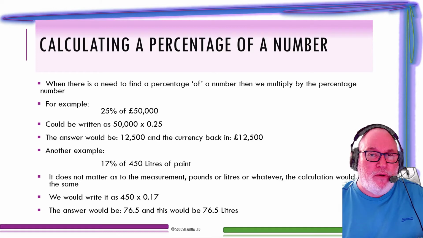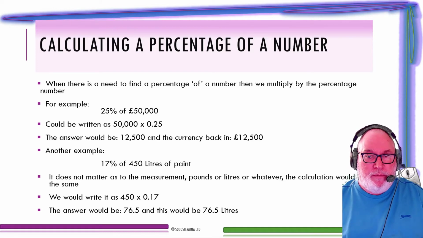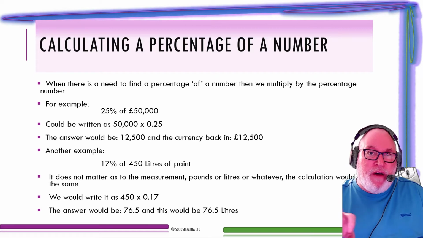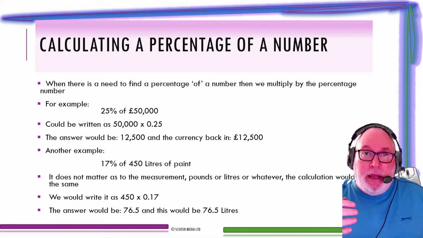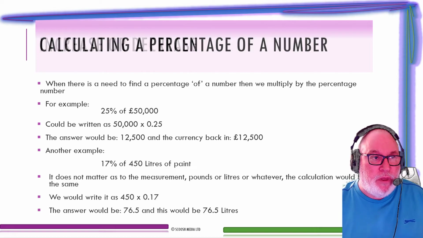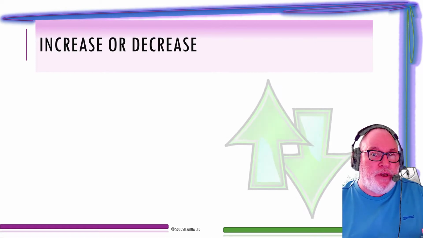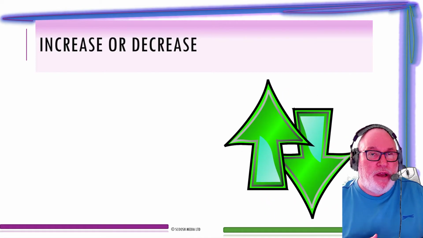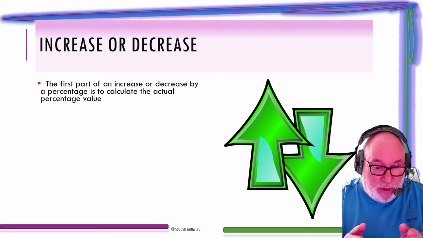So that's calculating how much of something, and it's only that amount. But quite often you have an increase or a decrease. So you need to think about the percentage of, and then whether it is getting added on or taken off. The first part of an increase or decrease in percentage is to calculate the actual percentage value like we just did.